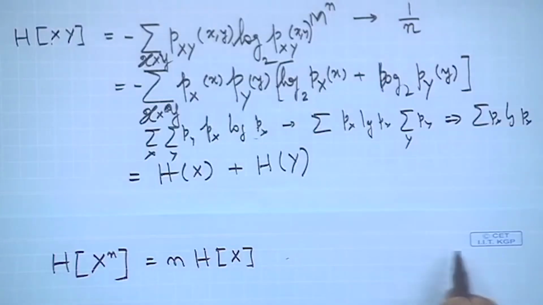Now, if you generalize it and you say that I want the entropy of X^n, that means an n length sequence where all of these are independent, we can write it as H of X plus H of X plus H of X up to n times.